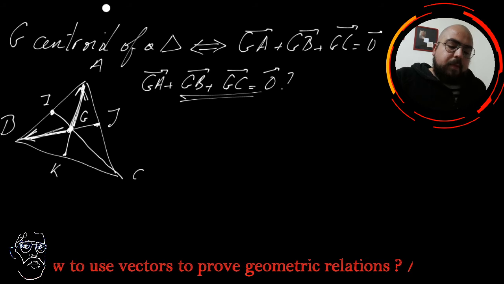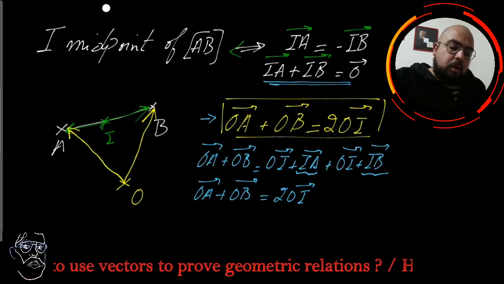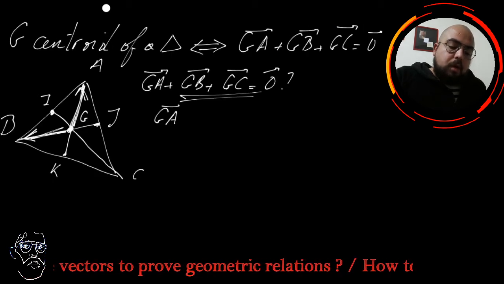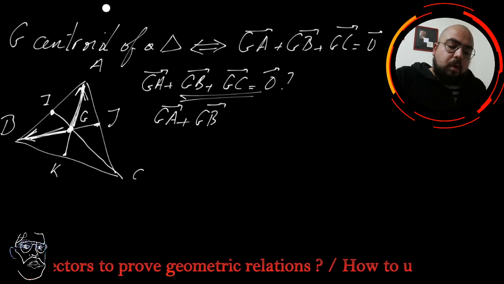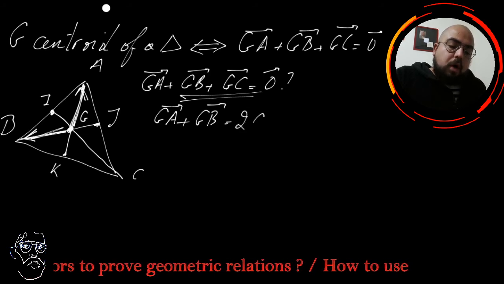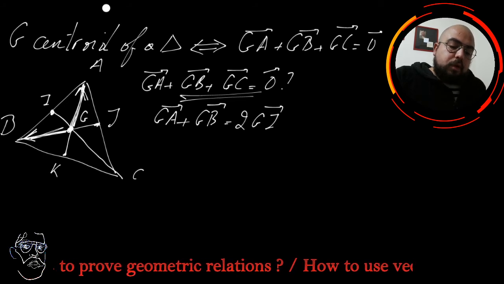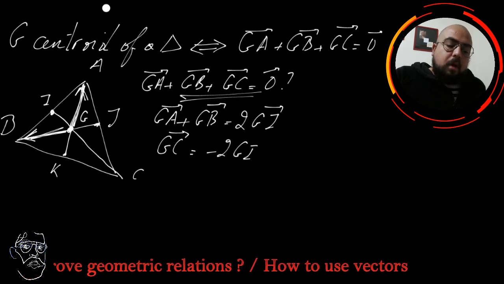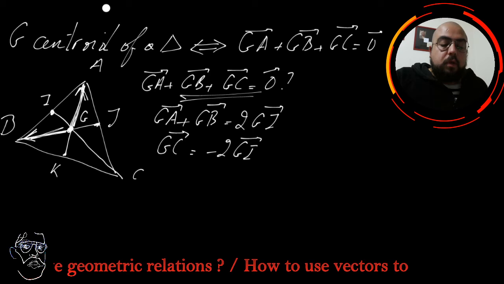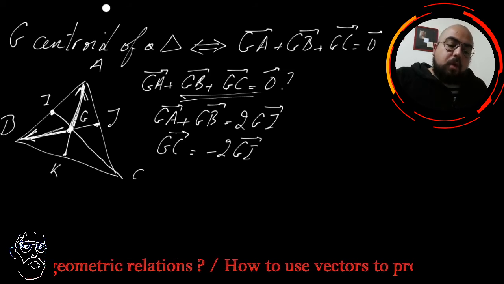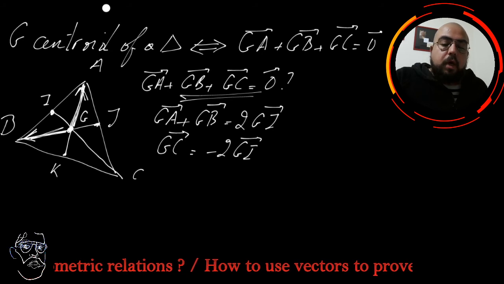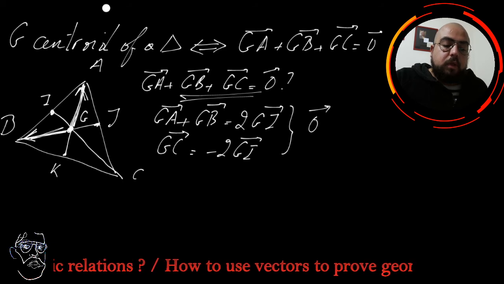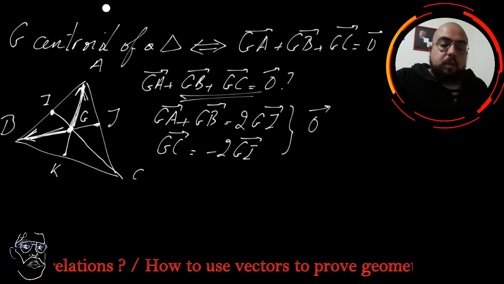From the previous example related to the midpoint, I can say that GA plus GB is equal to 2GI, and GC is actually equal to minus 2GI. This is related to the proportions with the centroid. So I will have 2GI plus minus 2GI, the resultant will be 0. So this is how you prove that G is the centroid and the relation GA plus GB plus GC is equal to 0.